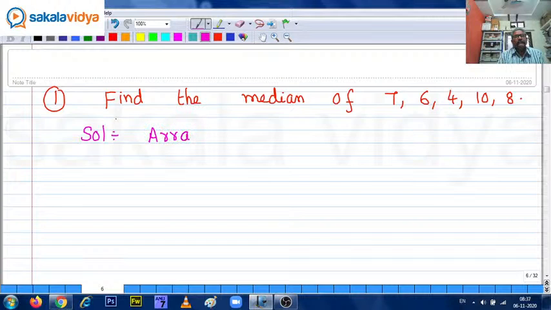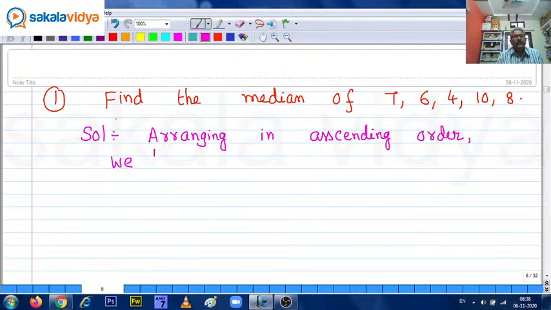Arranging in ascending order, we have 4, 6, 7, 8, 10. Now they have been arranged in the ascending order. How many observations are there? 1, 2, 3, 4, 5. So n is equal to 5, which is odd.